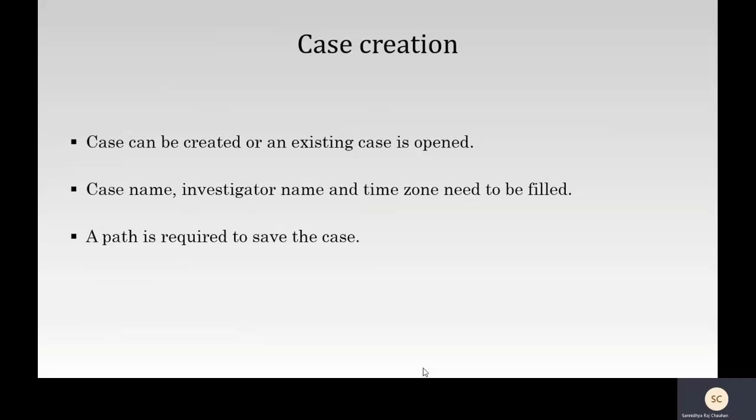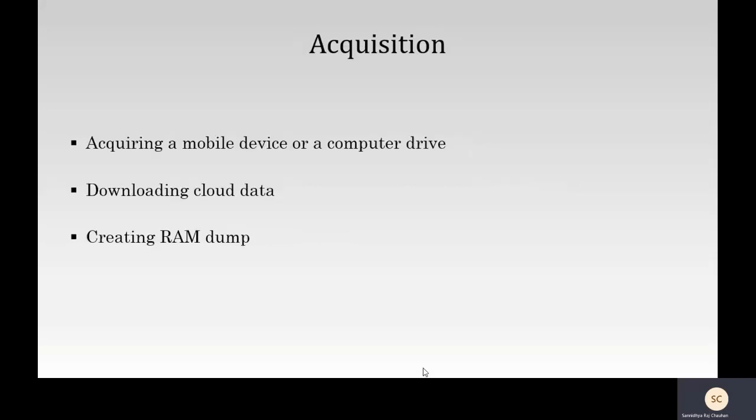So yeah, time zone is an important thing. And now a path is required to save the case, like where we want to store the case, and we must ensure that wherever we are storing the case file, there is enough space.